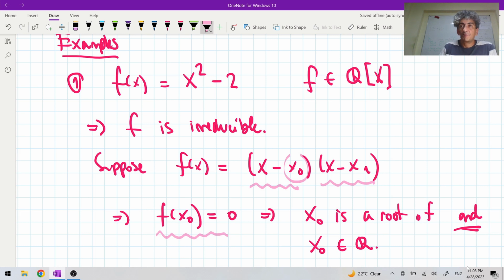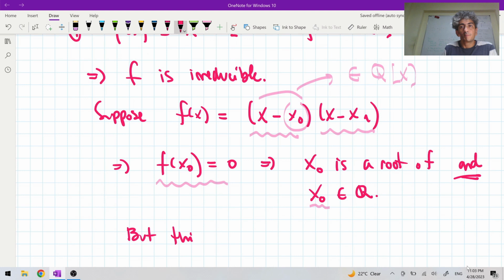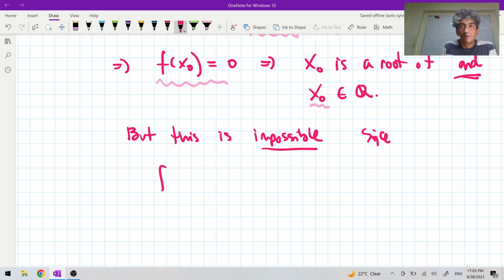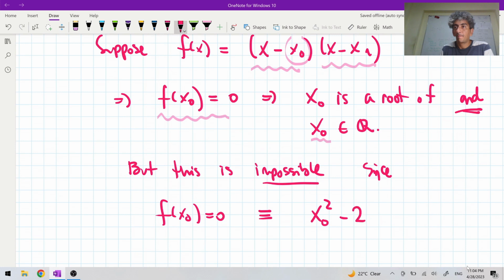And since this polynomial belongs to q of x, then x naught would be in q. But this is impossible, since the equation f of x naught equals 0 actually is x naught squared minus 2 equals 0, which means that x naught squared equals 2.